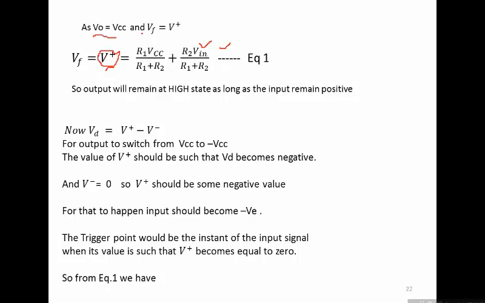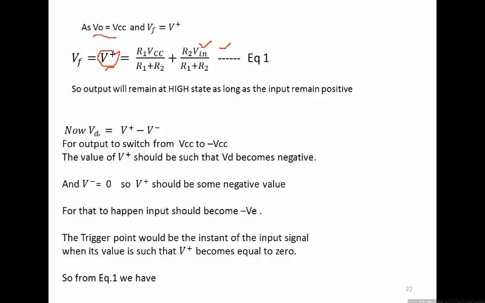So if you plug in a value of V in which is always positive, then this would always be a positive number. So as long as this V plus is positive, output will remain positive.